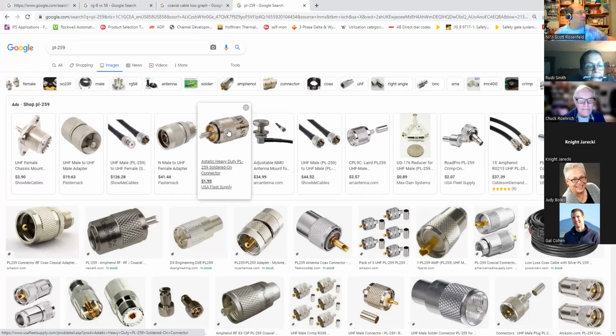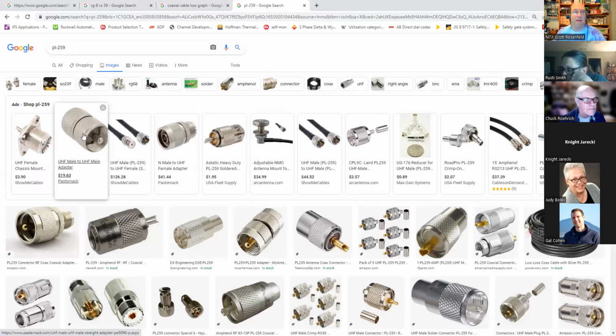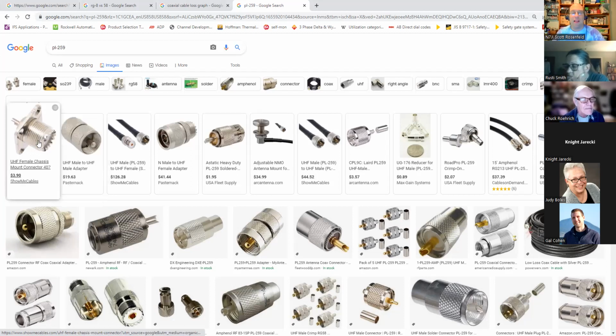Well, the interesting thing about PL259s is that these are often called UHF connectors. Notice this says UHF male to UHF female, or UHF male to male, UHF chassis mount. That does not mean UHF. Don't be confused by this. UHF in this case means universal high frequency.